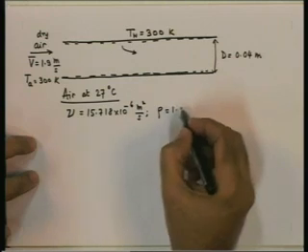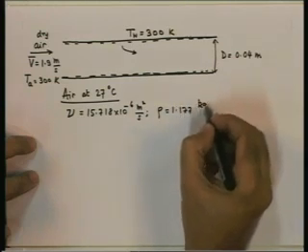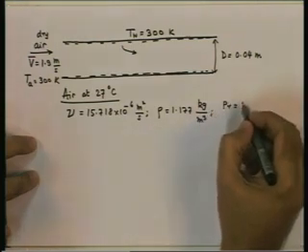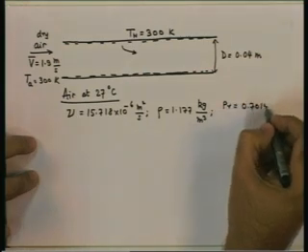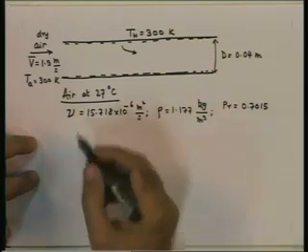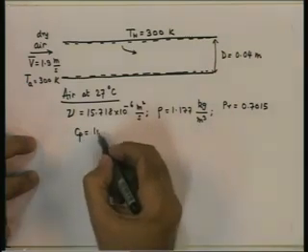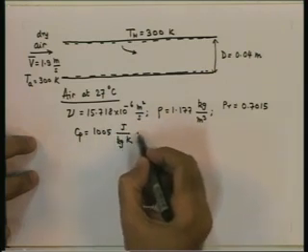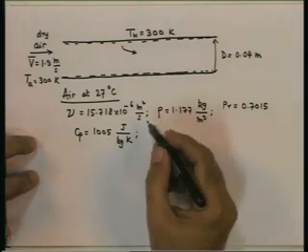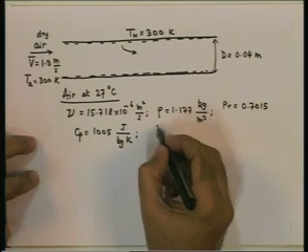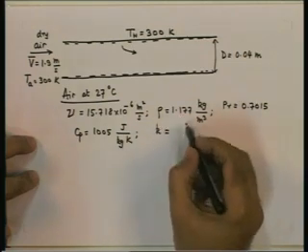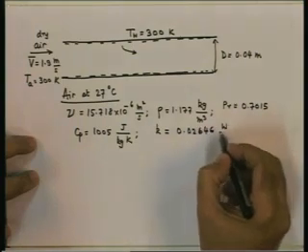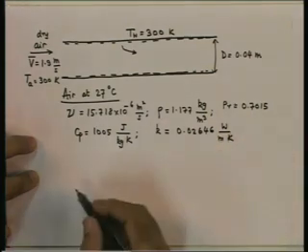Rho is 1.177 kg per meter cube. Prandtl number is 0.7015. Specific heat 1005 joule per kilogram Kelvin. Conductivity 0.02646 watt per meter Kelvin.